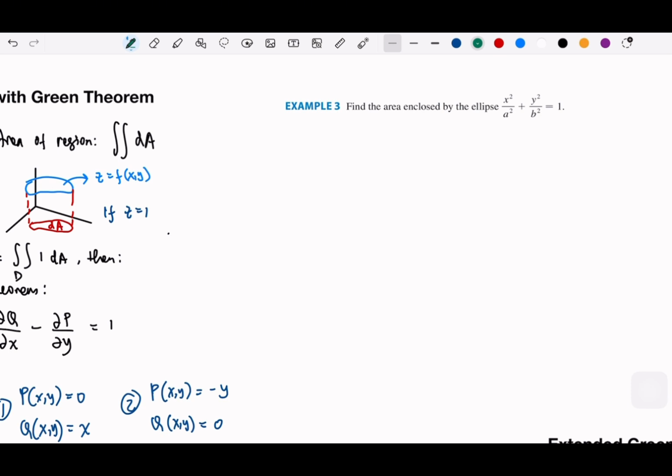If you remember, to get the parametric form of the ellipse, we let x equal a cosine t, and then y will be b sine t, because it will fit with the equation cosine squared plus sine squared equals 1, right? So we can use this, and taking the ellipse through its full angle, t will be going from 0 to 2 pi.